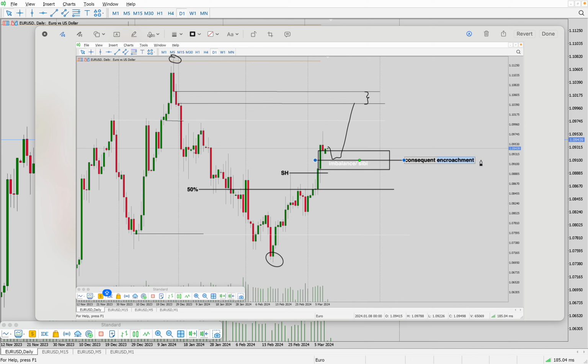Alright, and since I'm treating it as a fair value gap, I'm treating it as a structure of imbalance. You can also use the word equilibrium, although this would be best with an order block or something.